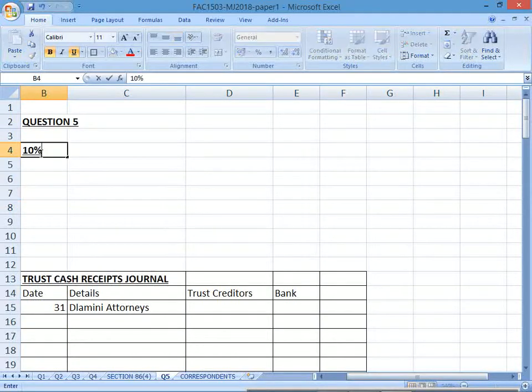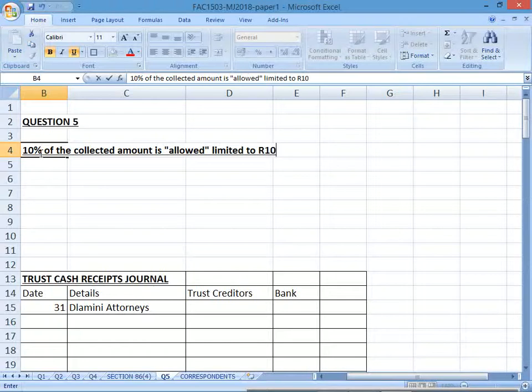Okay, so 10% of the collected amount is, inverted commas, allowed, limited to 1,000 per collection.